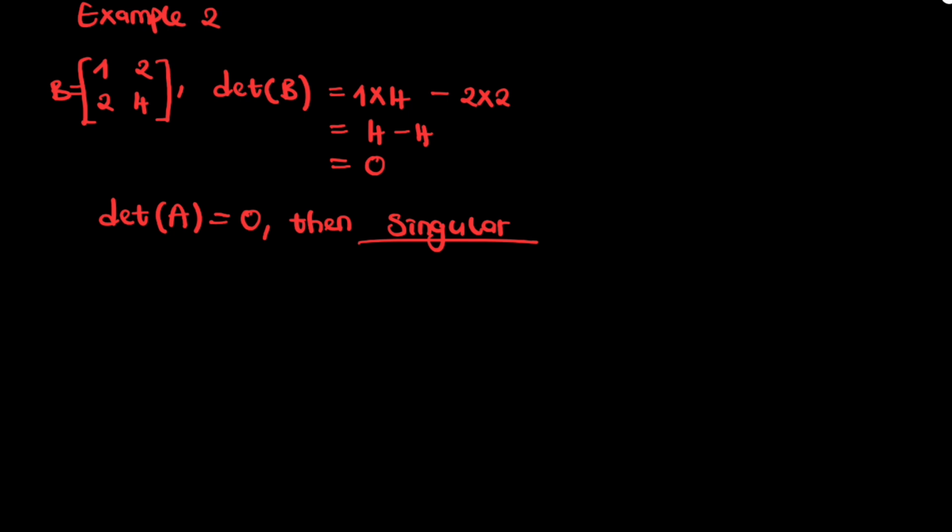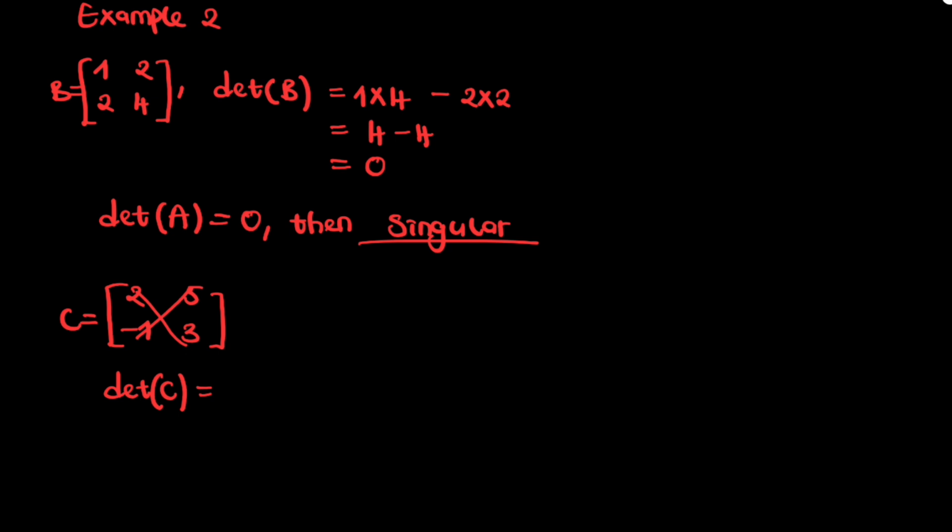Okay, so let us have another example. Let's say we have 2, 5, minus 1, 3. Let's say this matrix is C. So the determinant of C, we're cross multiplying. So take this times this minus this times this. So here's subtraction. So we are multiplying the elements at the leading diagonal and subtracting from those which are not at the leading diagonal.